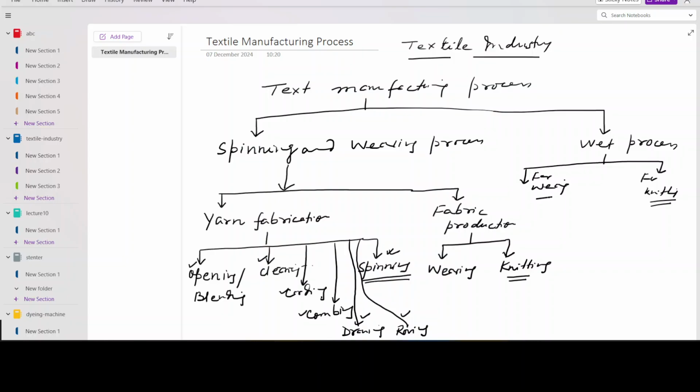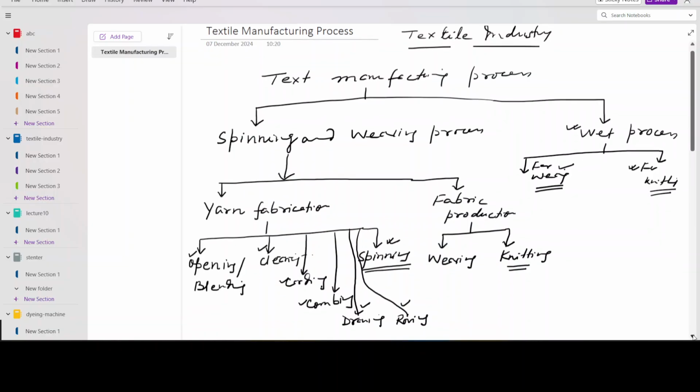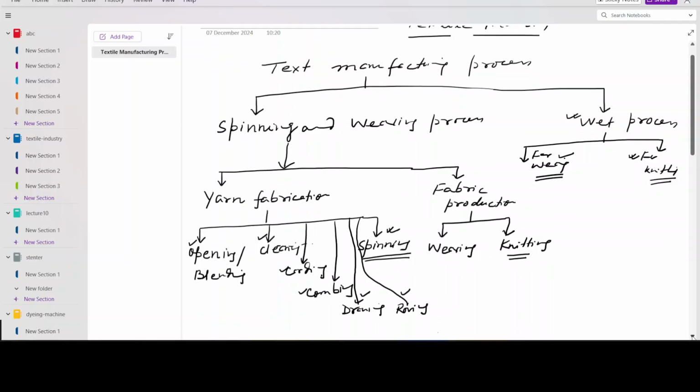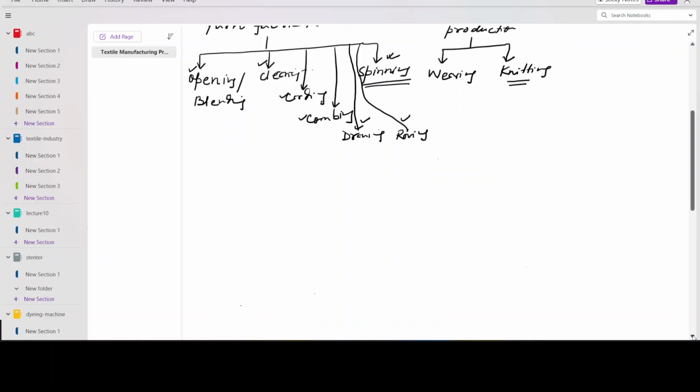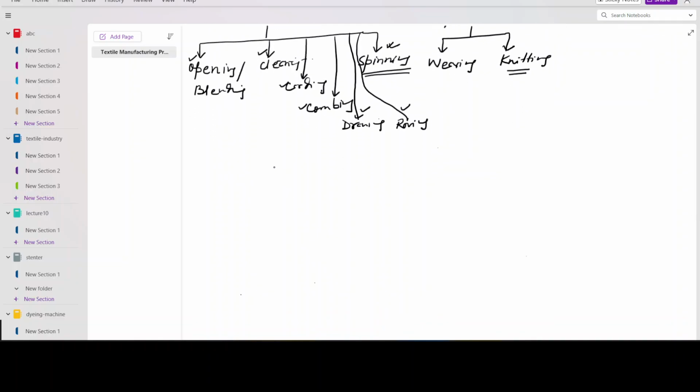We will see the wet processes, what are for weaving and what are for knitting. Now we have a sketch of textile manufacturing process in our mind. Now we can read it further.